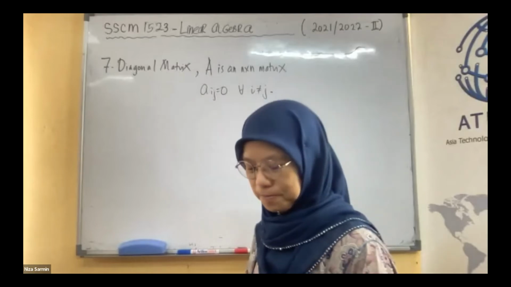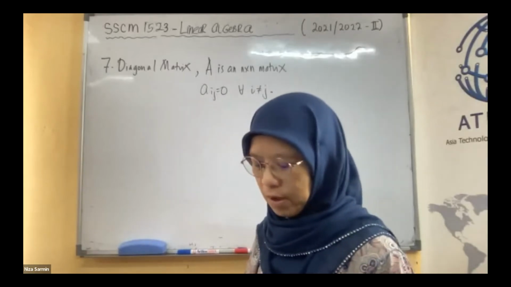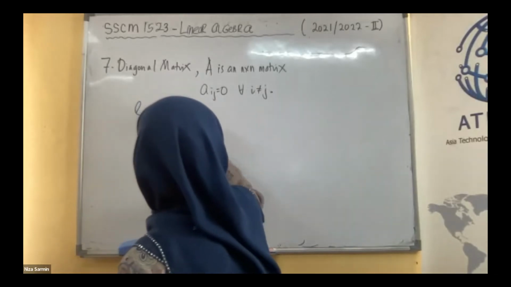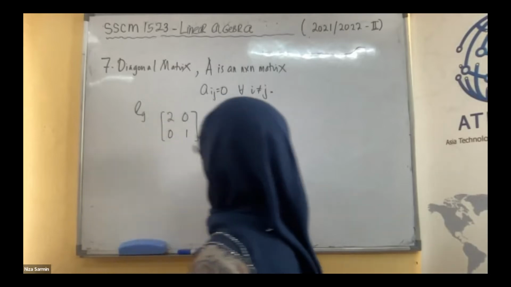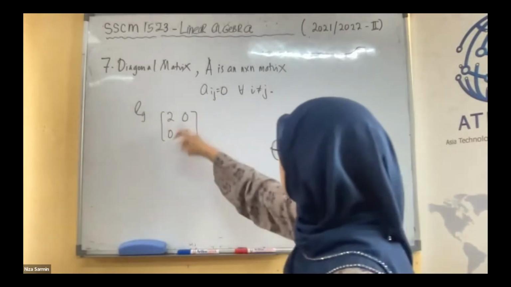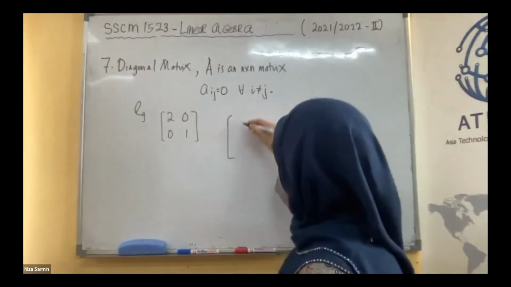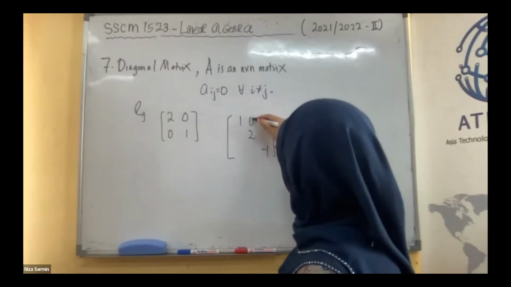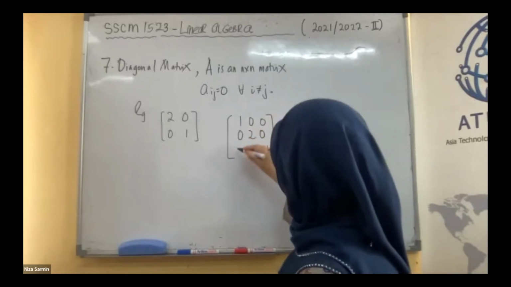All right. Example? Like this, 2, 0, 0, 1, right? This is a diagonal matrix, or we have like 1, 2, -1, and the rest zeros.